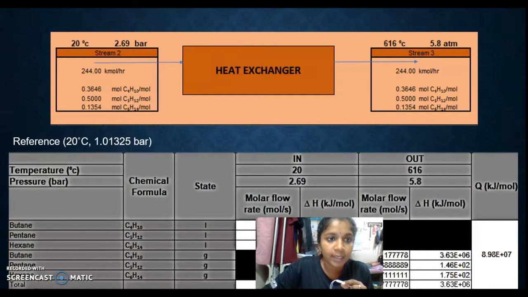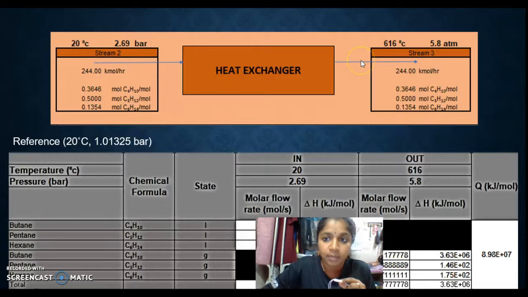And then followed by heat exchanger. Heat exchanger I use to preheat the heavy naphtha before it is charged into furnace for further cracking. My inlet temperature in heat exchanger is 20 degrees Celsius and my inlet pressure is 2.69 bar.